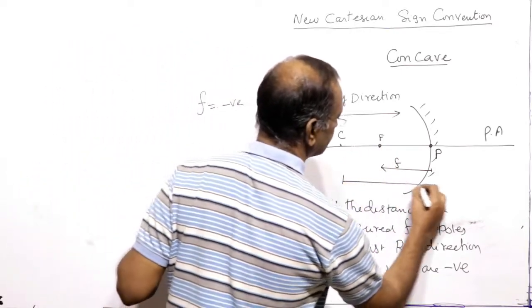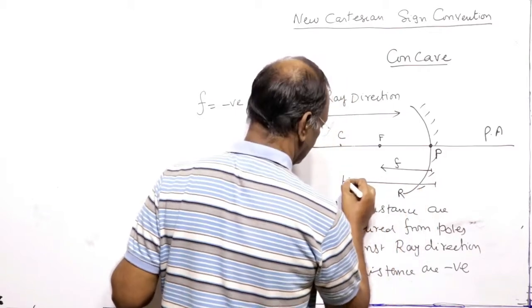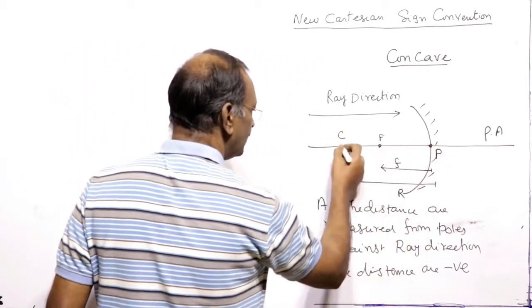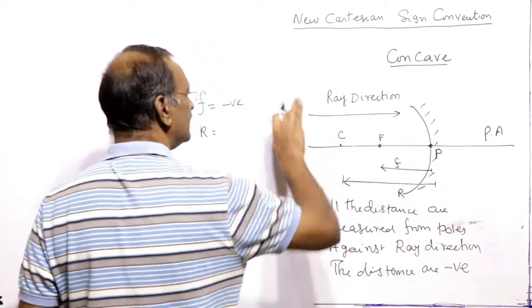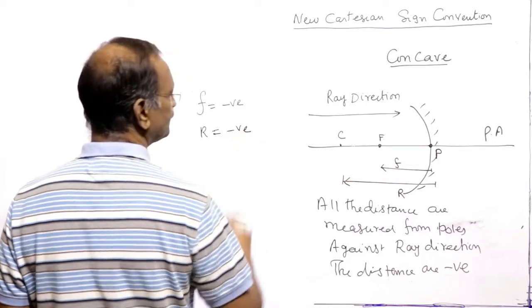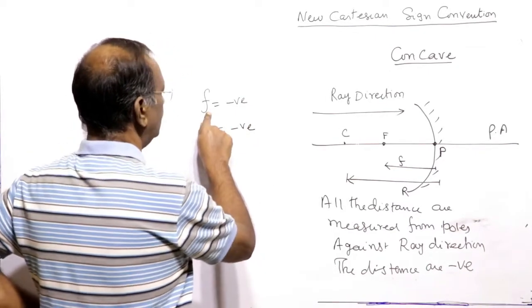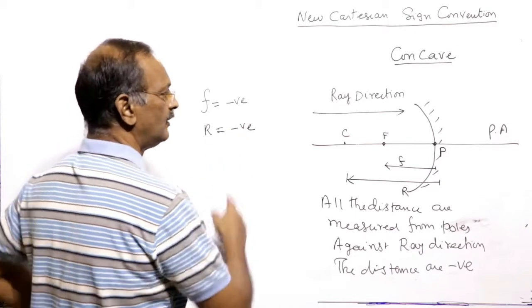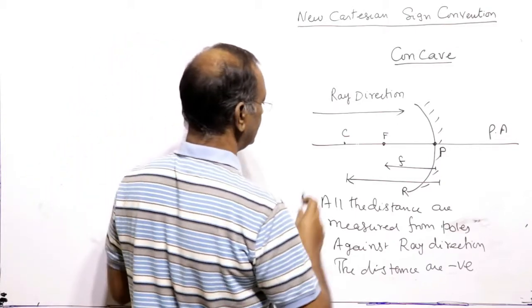This is R. We are measuring R from here to here. It means we are coming in this direction, against the ray direction. R is also negative. Therefore, focal length is negative and radius of curvature is also negative. Suppose the object is here.